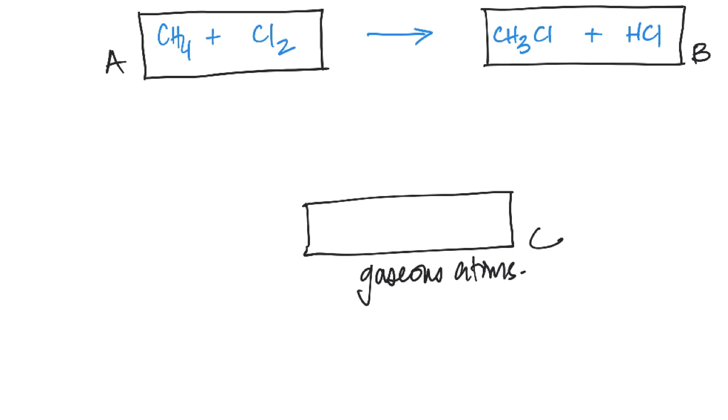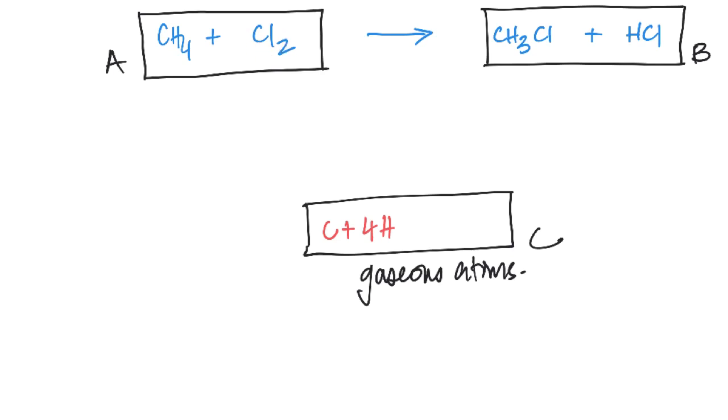Now what I mean is, if I were to break 4 CH bonds, what would I make? If I broke these 4 bonds, what will I get? I will get 1 carbon atom and 4 hydrogen atoms. Bond breaking only is energy required to break the bond into gaseous atoms. Then if I break Cl2, what would I get?